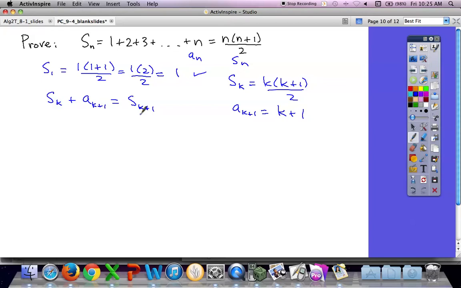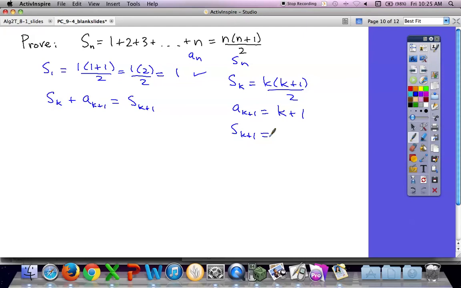Now we need S_(k+1). How do I find S_(k+1)? If this is the formula for S_n, no, you don't just add 1. You substitute k plus 1 for n.